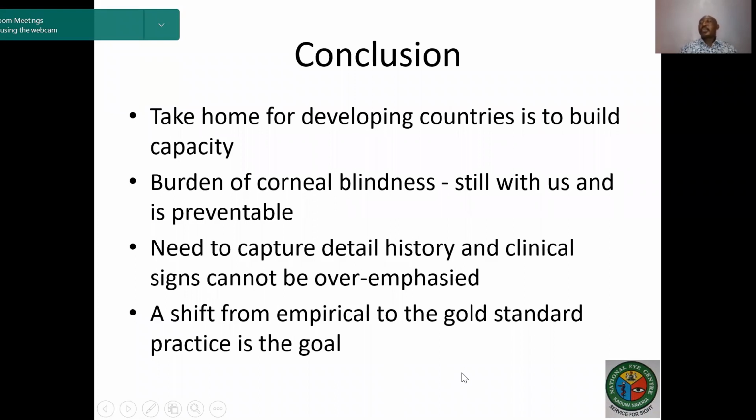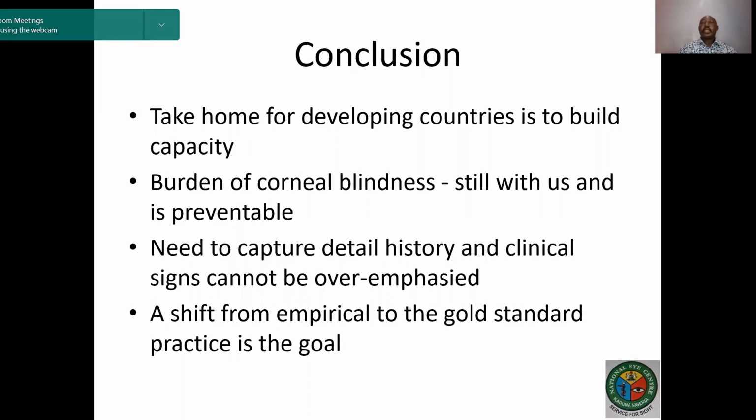Our take home, particularly in the developing countries, is the equipping of our labs with both personnel and the appropriate tools and reagents needed to enhance diagnosis. The burden of the disease is still with us, and we all know that corneal ulcers and their consequence, blindness, are preventable with adequate and prompt diagnosis and treatment.